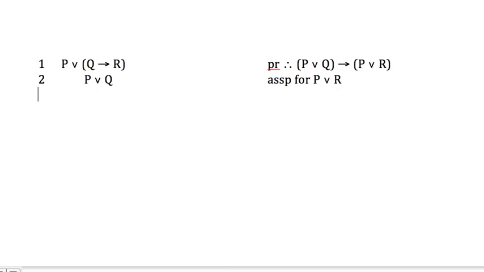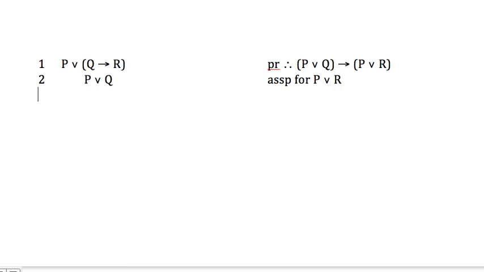Now, this is a little awkward because we've got nothing here that we can easily extract information from. We're trying to get to P or R. Now, what can we do? Well, there's no reason to think we can prove P by itself. There's no reason to think we can prove R by itself.